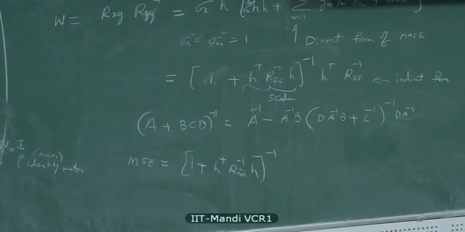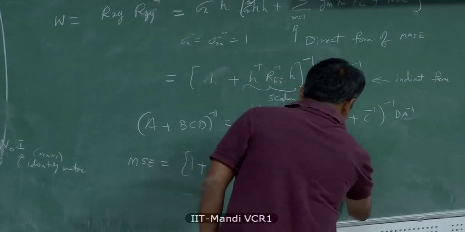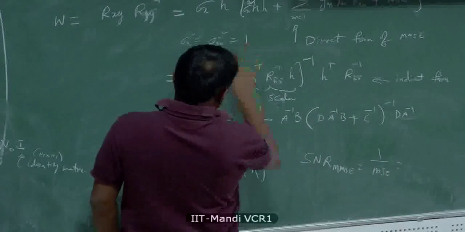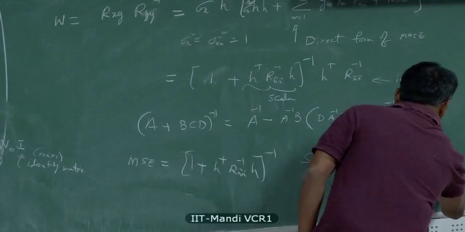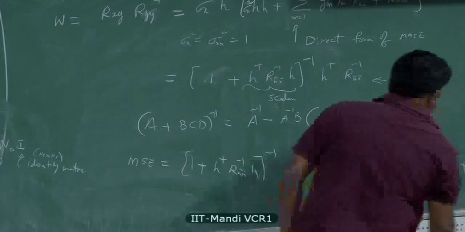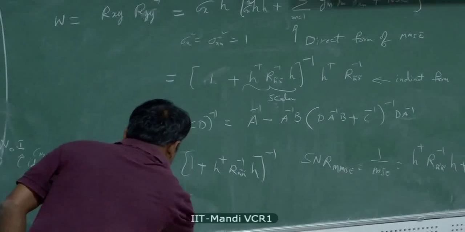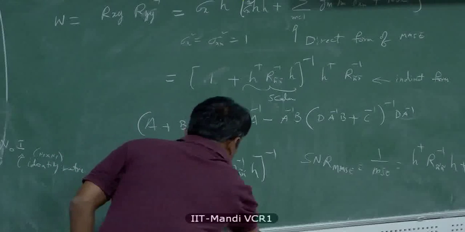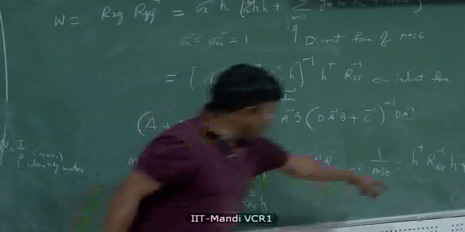And the signal to noise ratio at the output of the unbiased MMSE receiver, and throughout we assume sigma x square is equal to 1, and if you remove the bias, the way I explained it in the previous lecture, you just remove one from that.